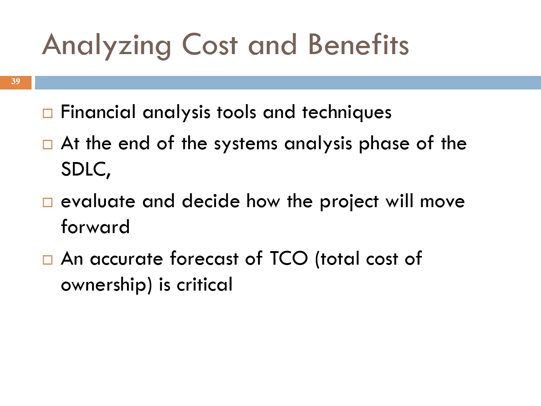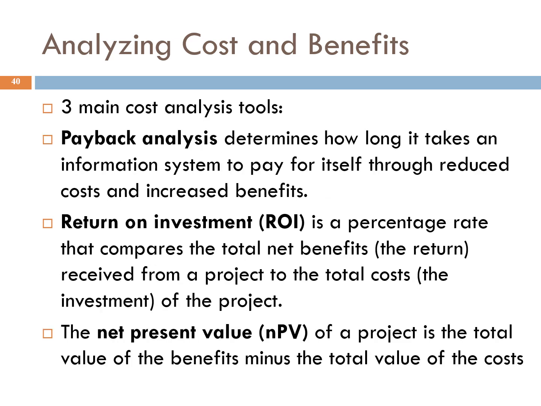So in looking at the cost and benefit, companies use a lot of financial analysis tools and techniques. At the end of the system analysis phase, which is the first phase of SDLC, planning analysis, evaluate and decide how the project will move forward. An accurate forecast of the total cost of ownership is very important, and it is very critical.